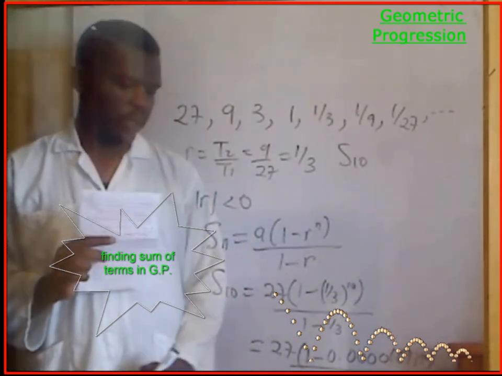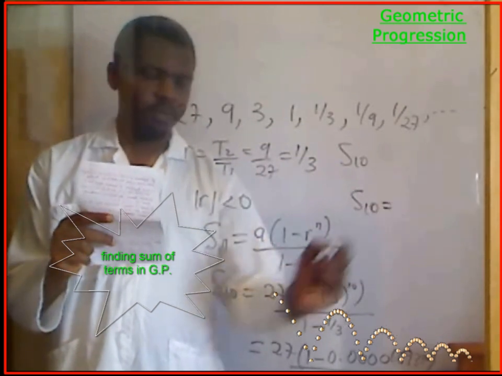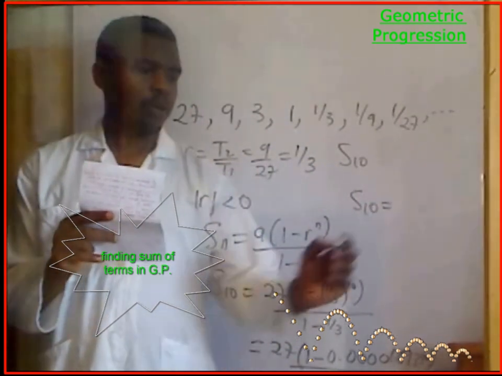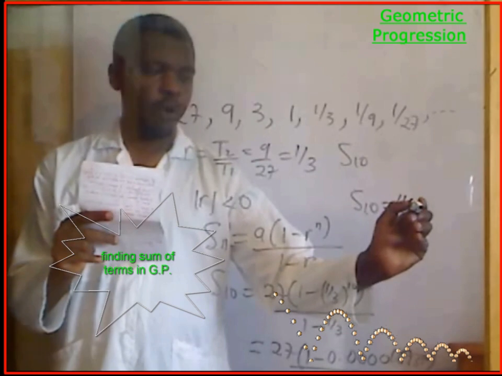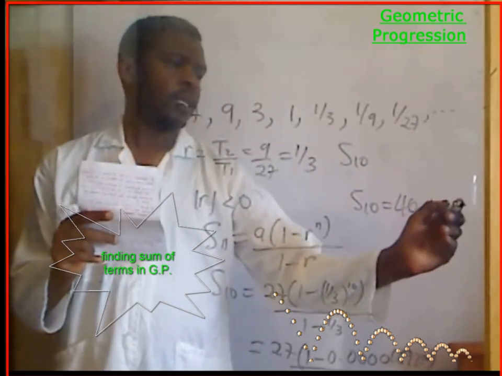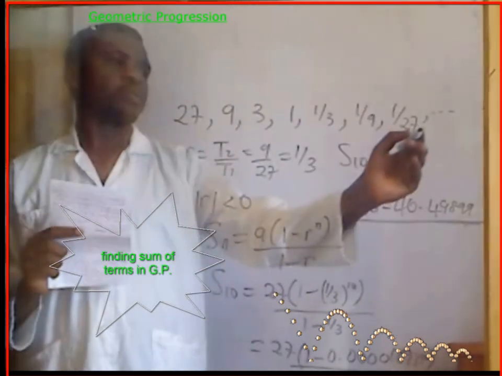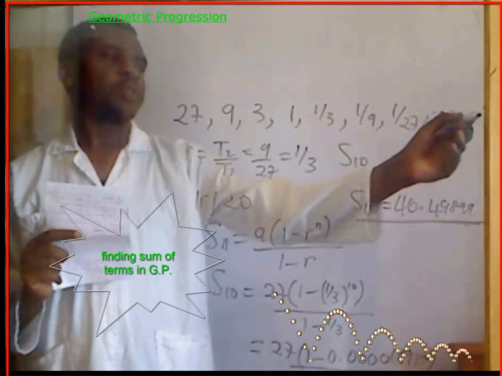Punching this on the calculator will give us the sum of the first 10 terms in that sequence equal to 40.649899.